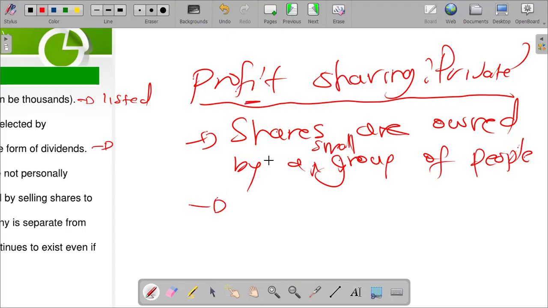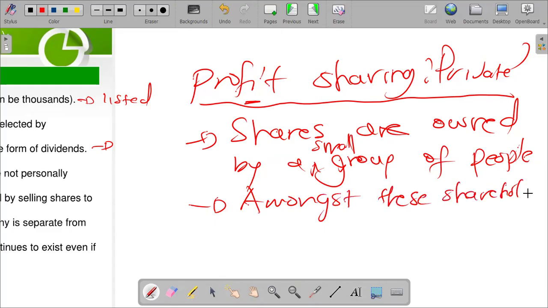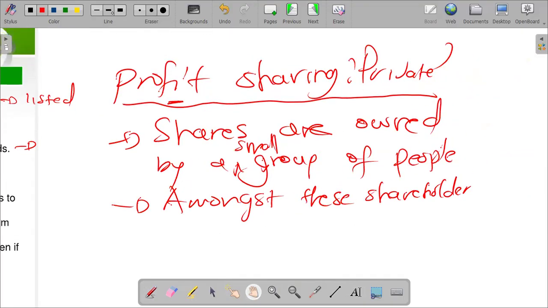So profit sharing will happen amongst these shareholders, because it's owned by a small group of people. Remember, in a private company, it's 1 to 50 shareholders.